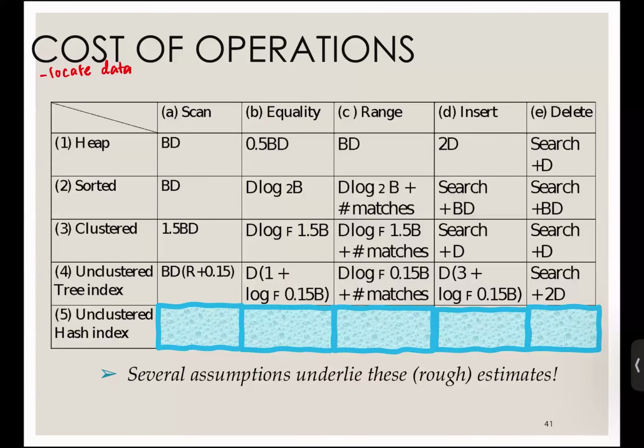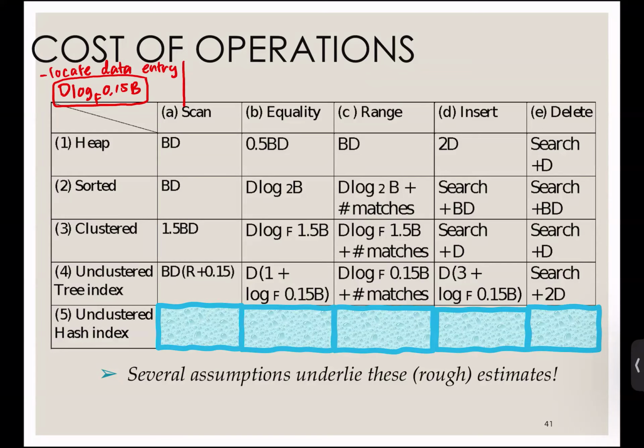We cannot get to the item yet. We have to go to the leaf page of the data entry, the index part. Locate the data entry. And that could take you the time log F. Just that. For this part, we get to the leaf page of the data entry in the index part.